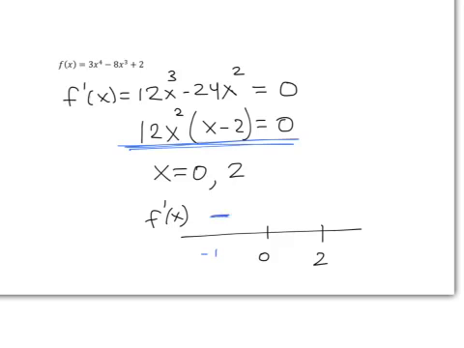If I have something like 1, this has to be positive times negative again, so this has to be negative. If I have something like 3, this would be positive times positive, this would be positive. So slope is decreasing from -infinity all the way up to 2, and then it's increasing after 2.